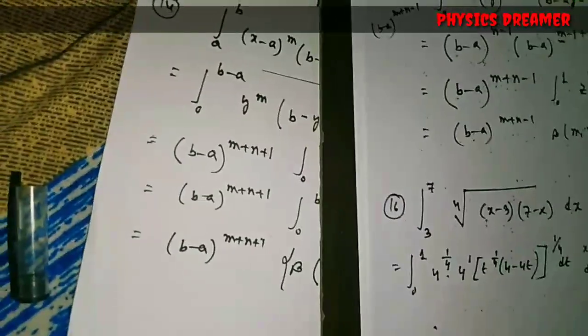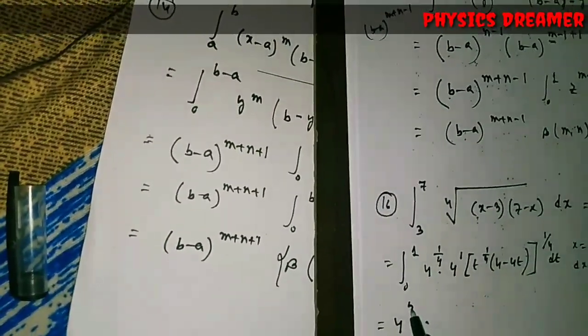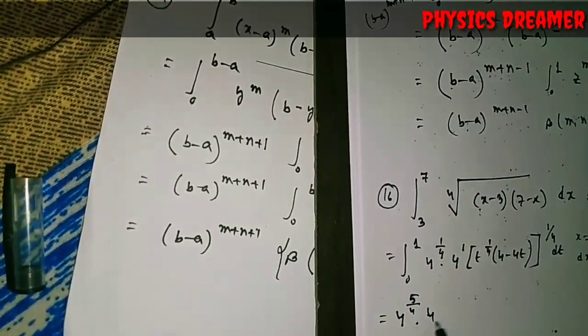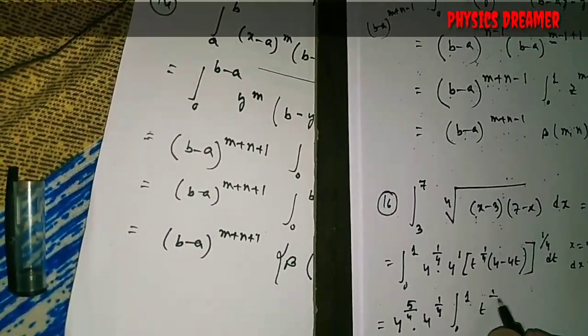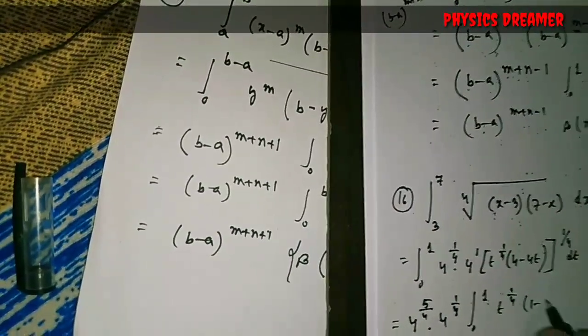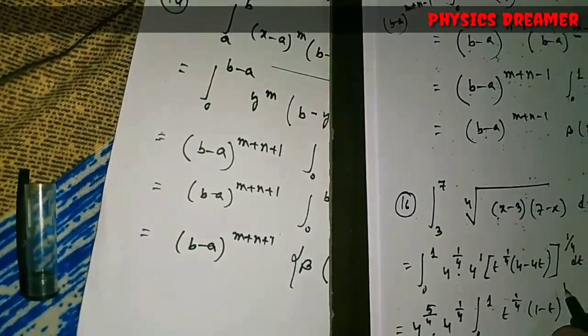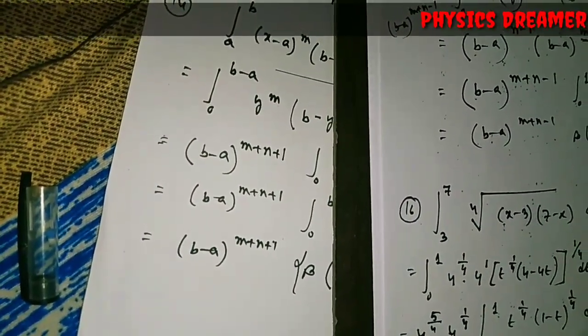This term is coming. So here I can write 4 to the power 5 by 4 into 4 to the power 1 by 4 into integral 0 to 1, the same process, t to the power 1 by 4 into (1 minus t) whole to the power 1 by 4 dt.